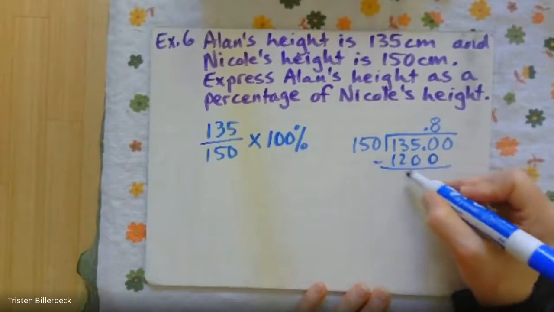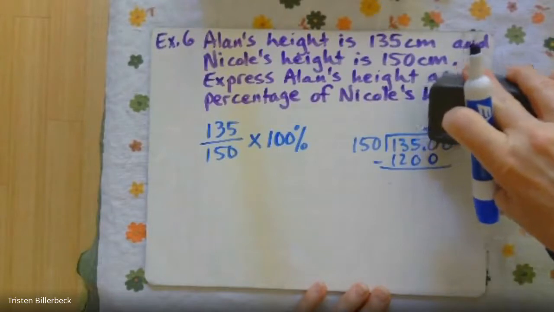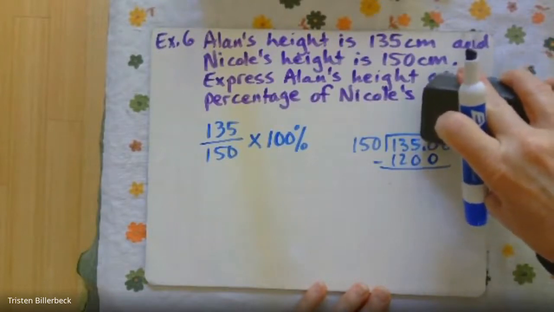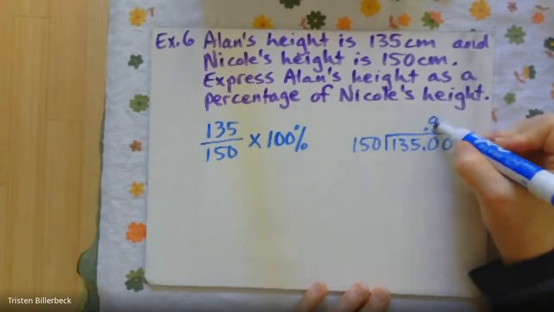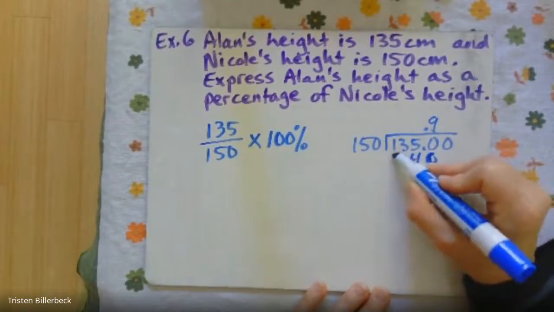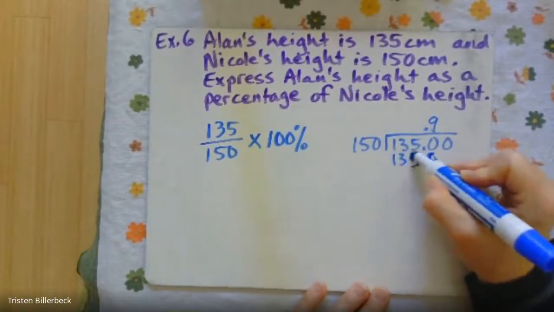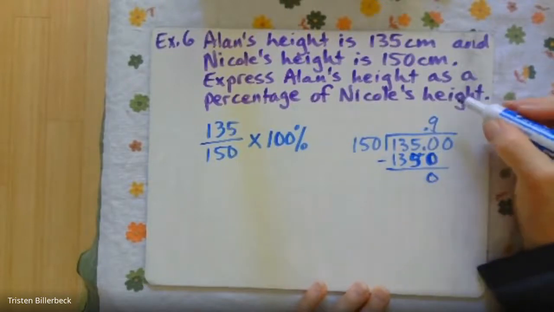So, oh, look at that. We could have done one more. So let's do that. So 9. So we have 0, 45, and 13. So we subtract and we get 0.